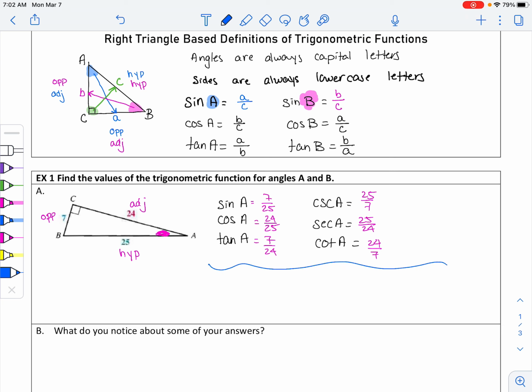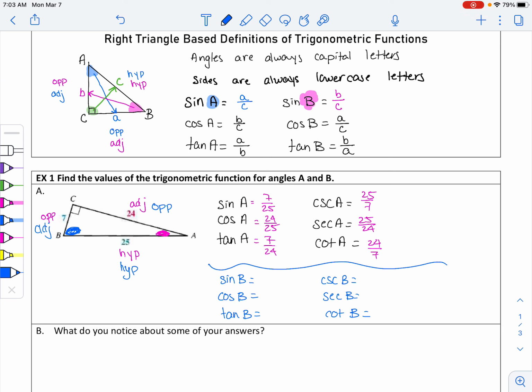Now let's move into angle B because it wants us to do them for both. So I'm going to set it up the same way. Write it all out. Sine of angle B, cosecant of angle B, cosine of angle B, its reciprocal, and tangent of angle B. From angle B, I'm going to pay attention to here in blue. 24 would be labeled as my opposite, 7 would be my adjacent, and the hypotenuse doesn't change.